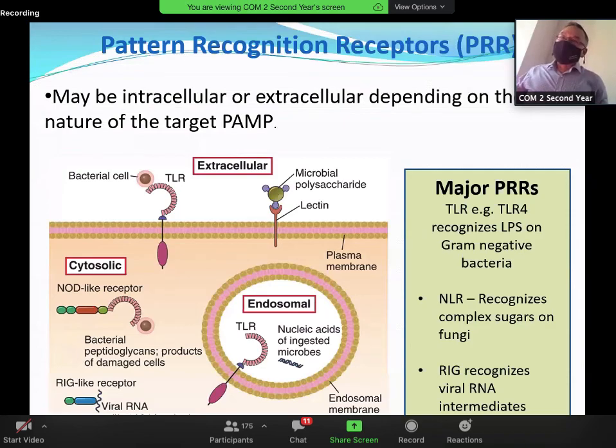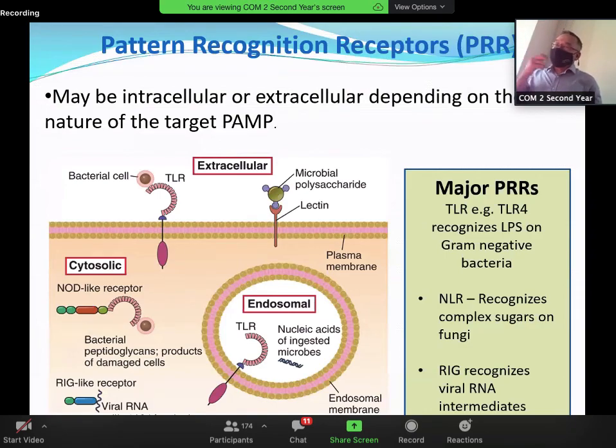Okay, so endotoxic shock: an endotoxin, you know what a toxin is. So an endotoxin is a component of gram-negative bacteria, particularly LPS, this lipopolysaccharide.